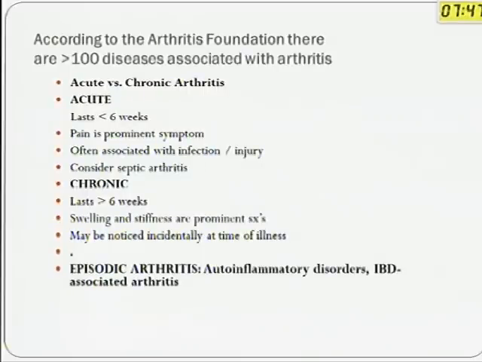Whereas if you're talking about chronic arthritis, where children have arthritic changes for more than 6 weeks, the symptoms are more of swelling and stiffness rather than pain. And that is something we have to elicit from our history. Children presenting with chronic arthritis may look quite well otherwise. They might just have a limp sometimes. That's the kind of thing that has to alert you to the possibility.